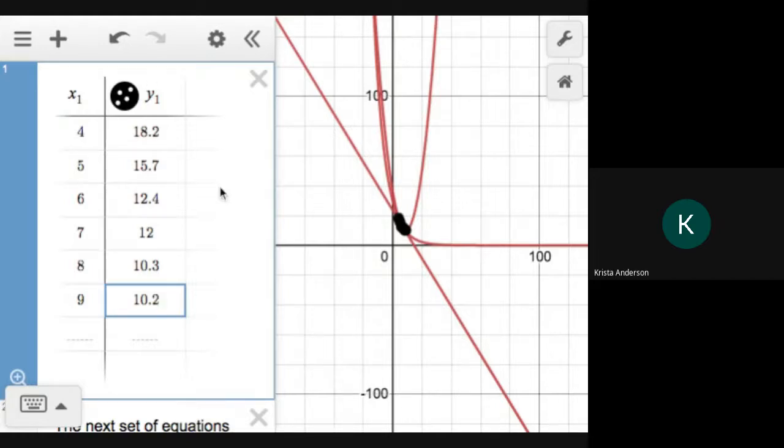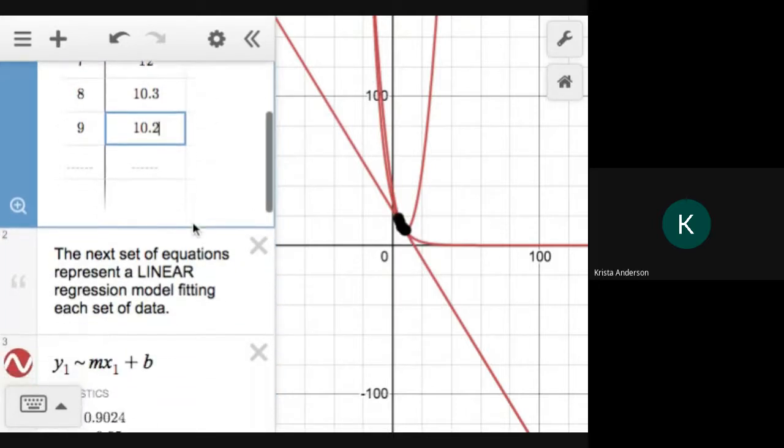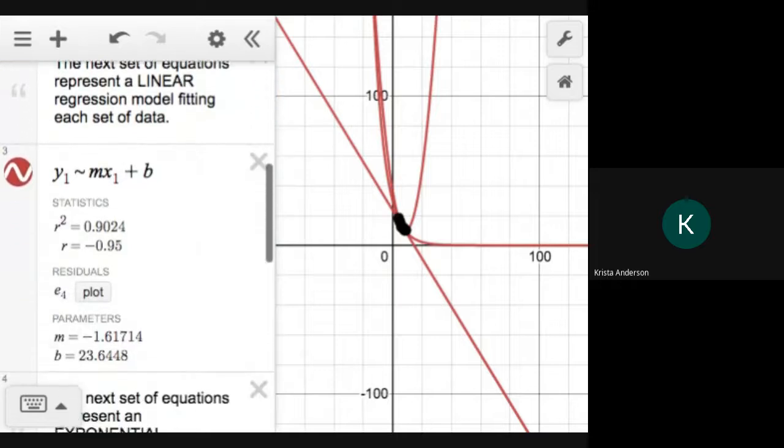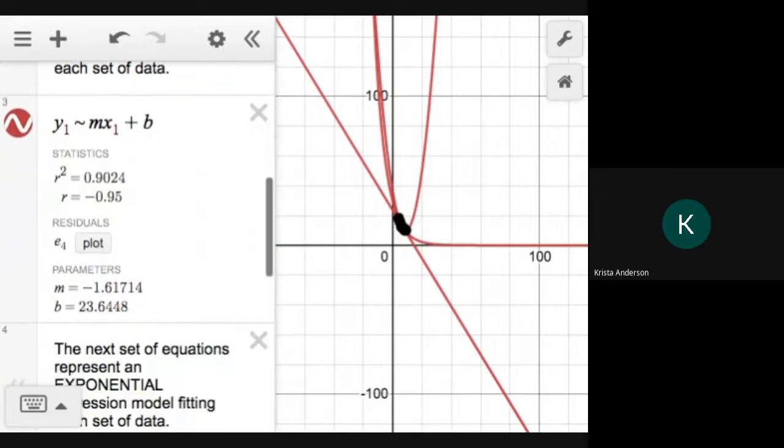It will generate a line for the data, an exponential for the data, and a quadratic for the data. It'll do 3 different ones. But when I go down, with all of this data that's written here, I'm going to copy it over. So it says y1.